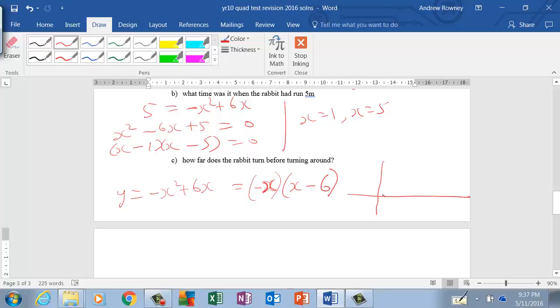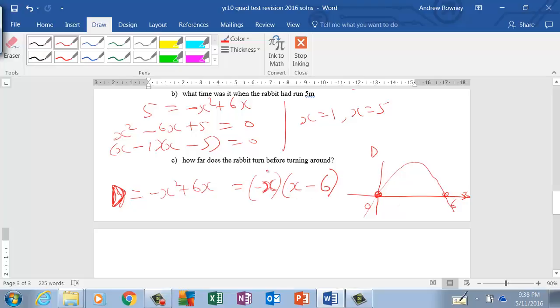That's 0 when x is 0. That bracket is 0 when x is 6. So we've got 6 and 0. This is y, or d, and the x coordinate is x here. This is the x axis. The graph looks like this. It goes up and then comes down.